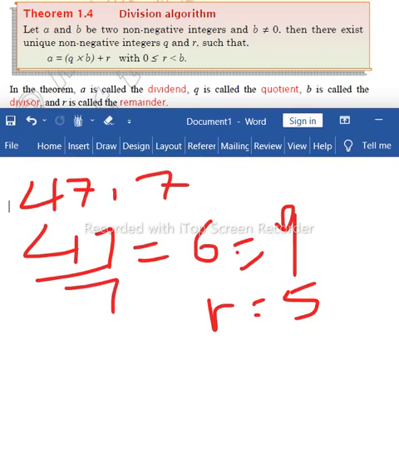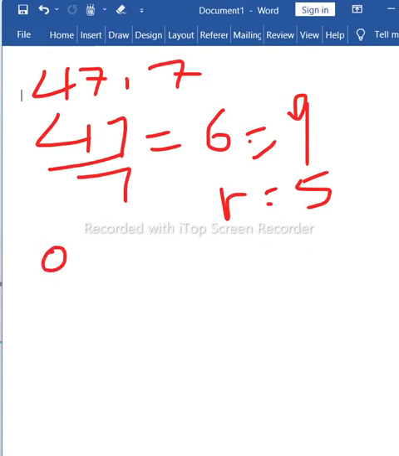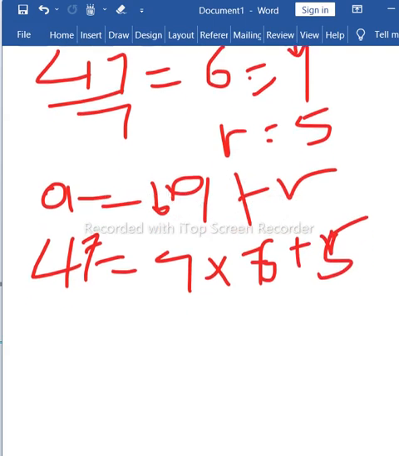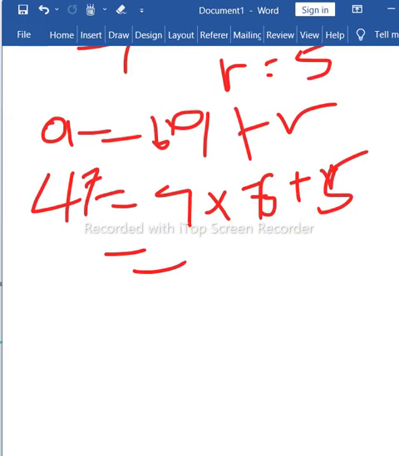So we can write this equation. We get Q and R, so we can write A is equal to B times Q plus R. For 47, we can write 7 times 6 plus 5, where R is 5. 7 times 6 is 42, and 42 plus 5 is 47.